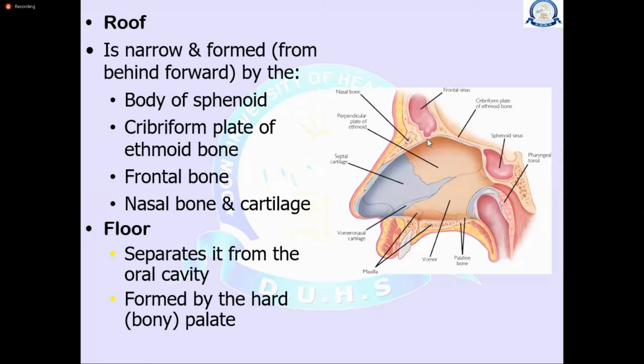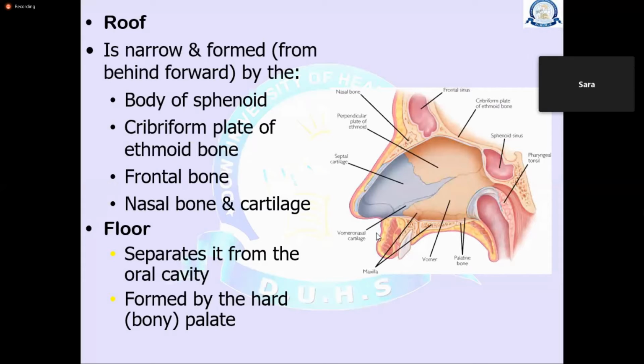Posteriorly, you will have the cribriform plate of the ethmoid and the body of the sphenoid. These structures, a curved or arc-shaped combination, form the roof of the nose.